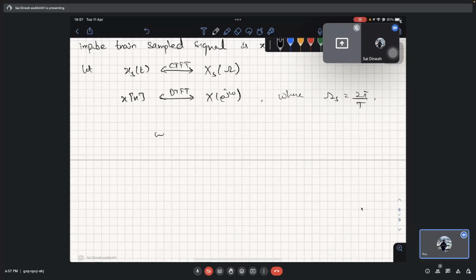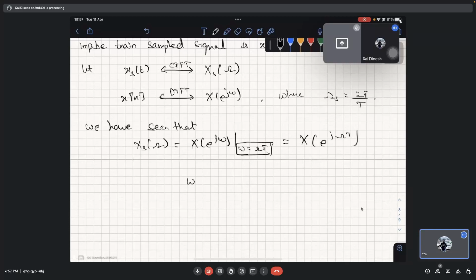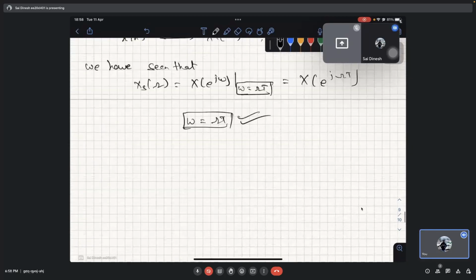We have seen that xs of omega is x e power j omega at omega equal to omega T. So this is what happens in the frequency domain. Mark the corresponding solution appropriately.